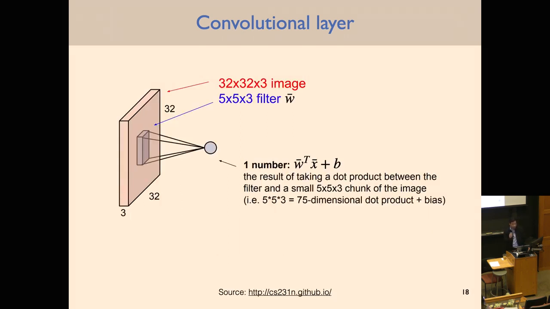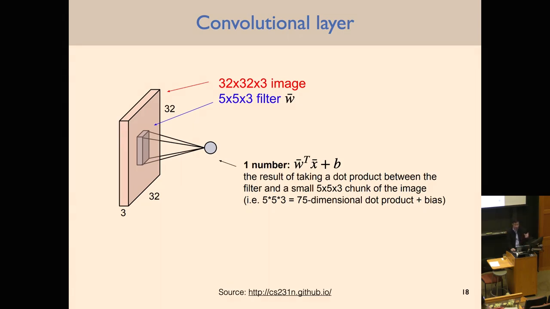The way this works is we take the 5 by 5 by 3 kernel and place it at a certain portion of the input space. So you have two 5 by 5 by 3 arrays overlapping with each other, and you take the dot product and potentially add a bias term. We do element-wise multiplications and then add up all the element-wise products.